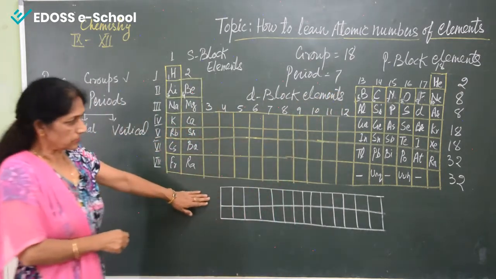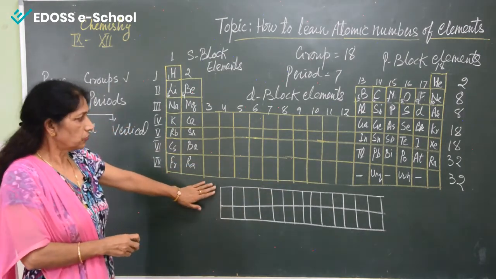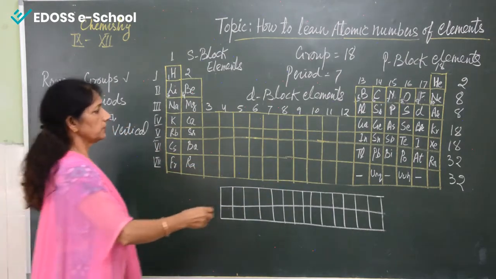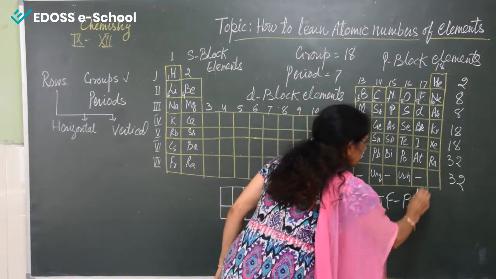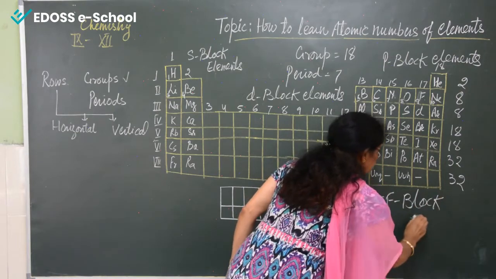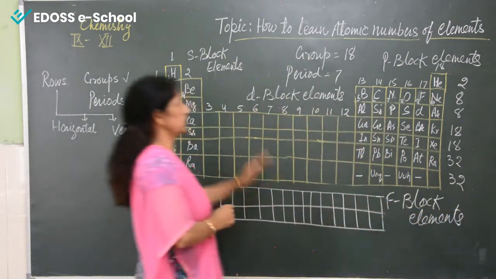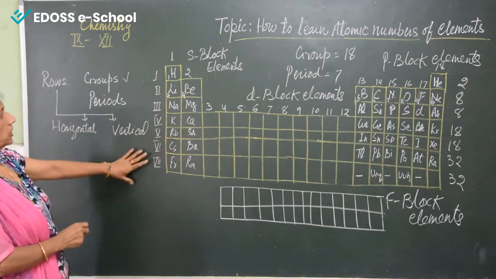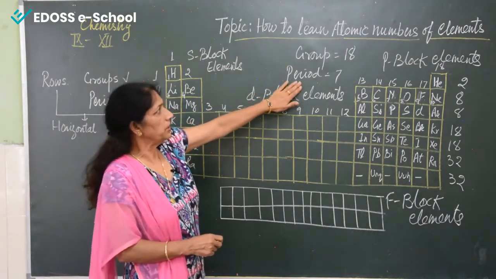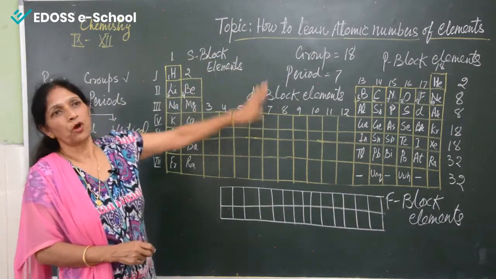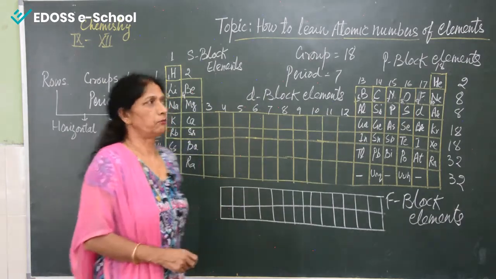And separately at the end, there are 14 elements known as F block elements. So the whole periodic table is divided into 18 groups, 7 periods and 4 blocks: S block, P block, D block and F block.